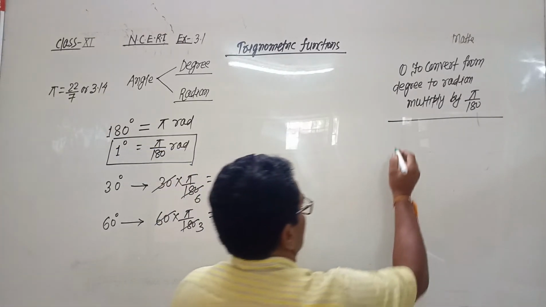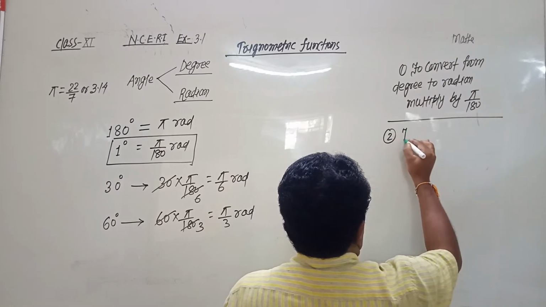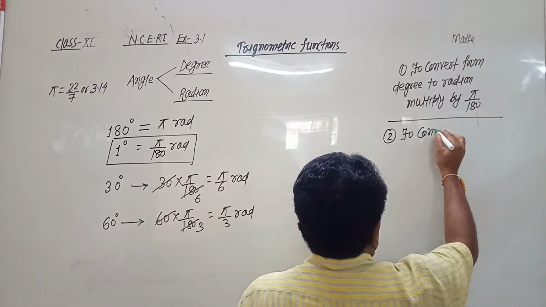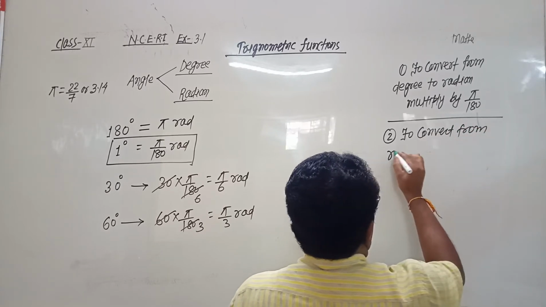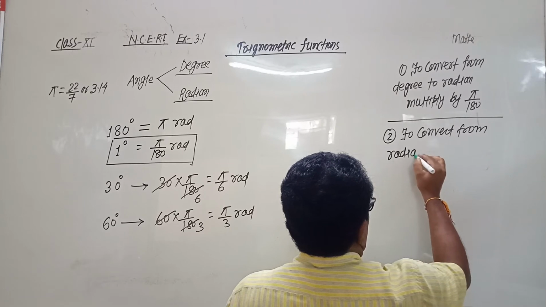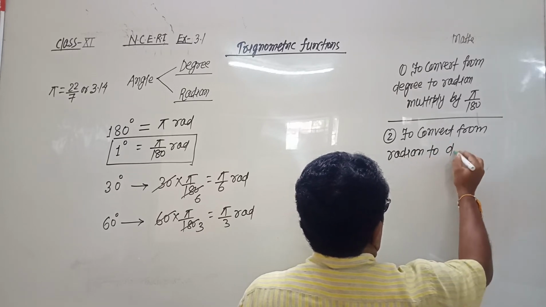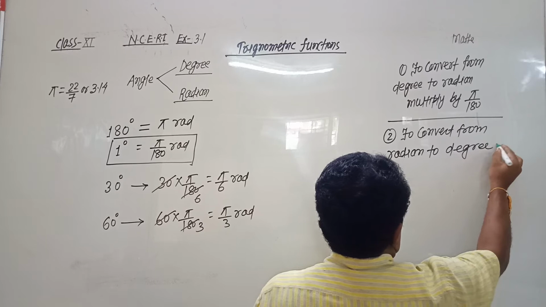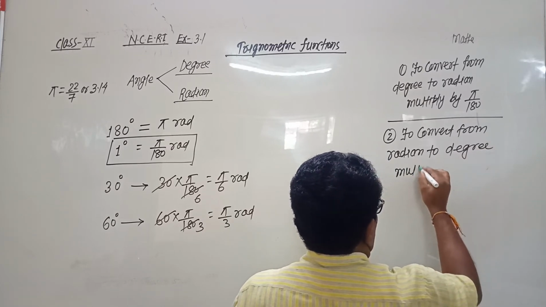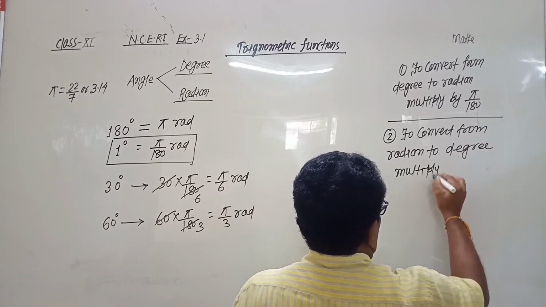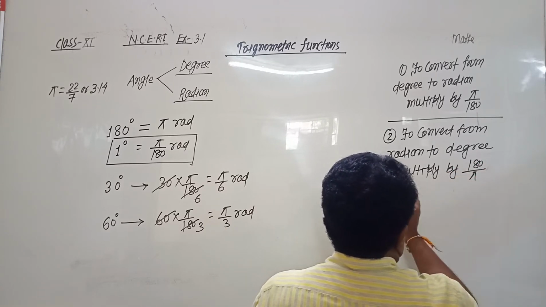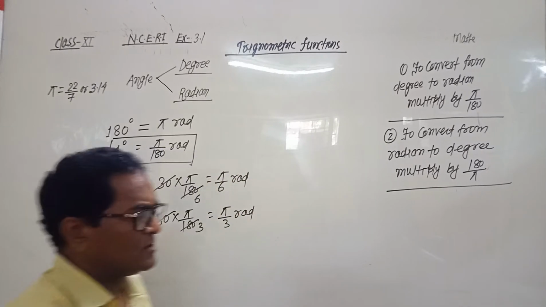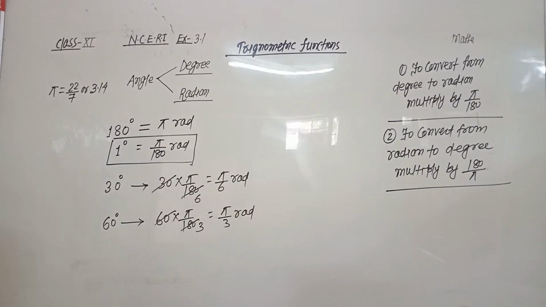And the other formula, to convert from radian to degree, multiply by 180 by pi.